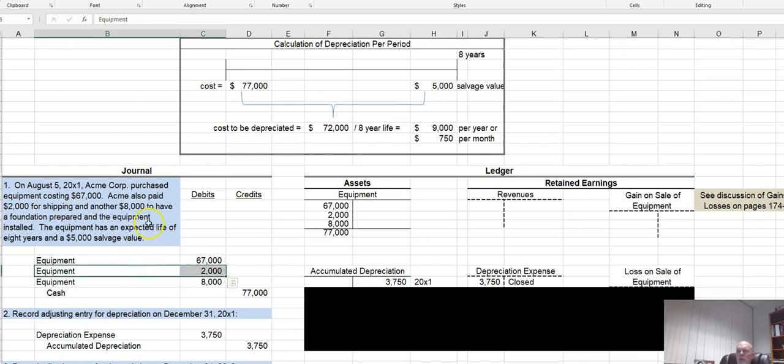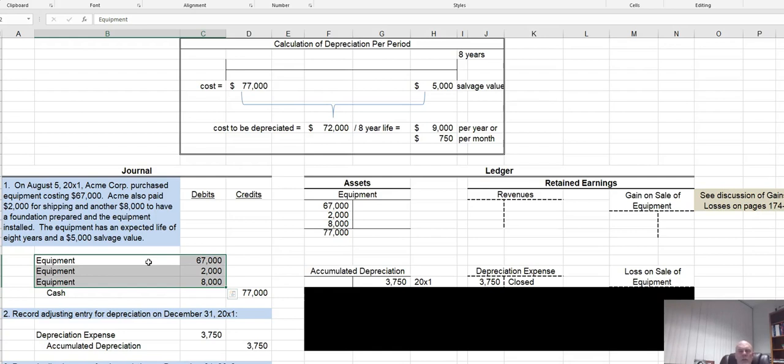And then we paid another $8,000 to have a special foundation built for this equipment. So all three of those go into the definition of the cost of an asset. Remember, it includes everything that we give up to obtain the asset and get it ready for its intended use.